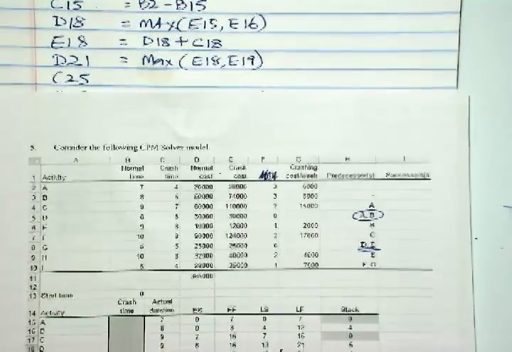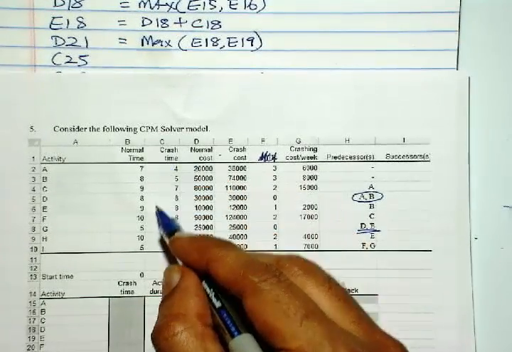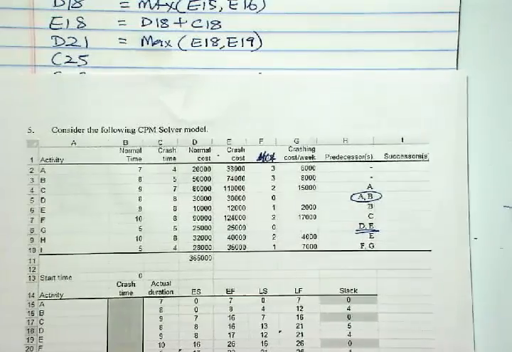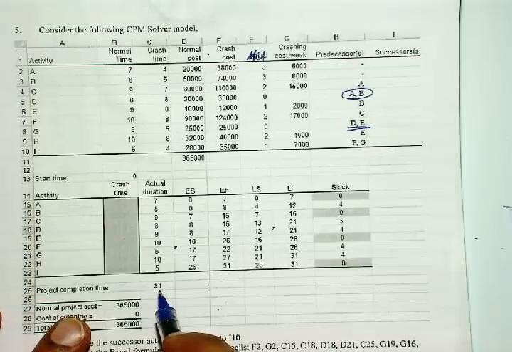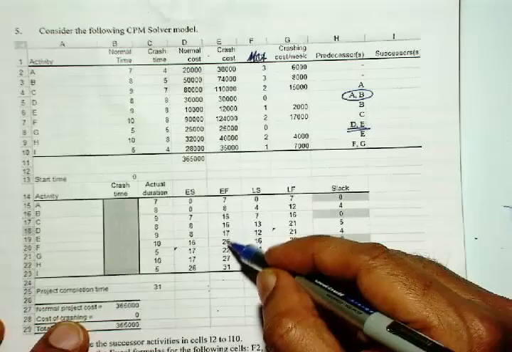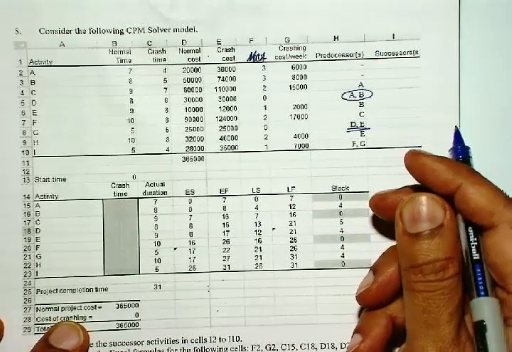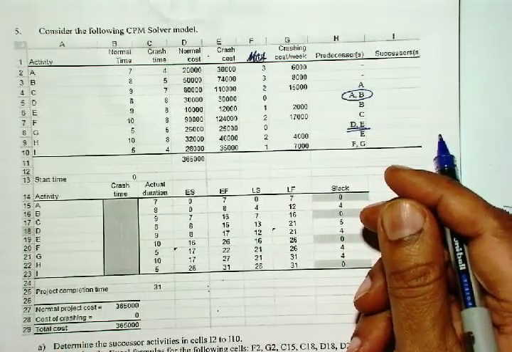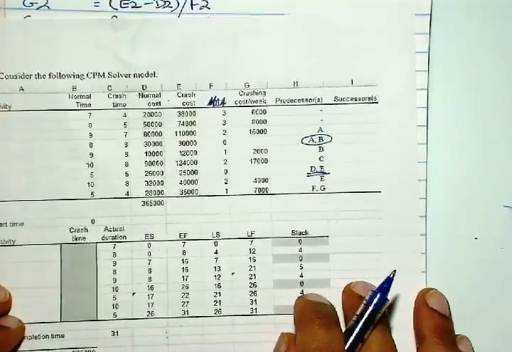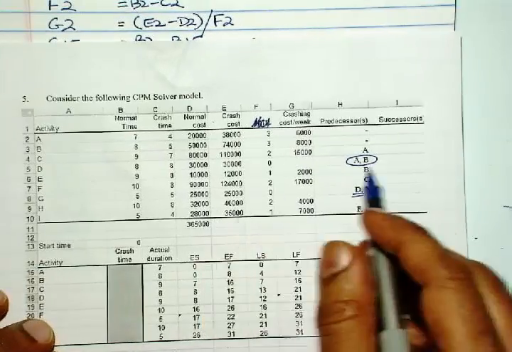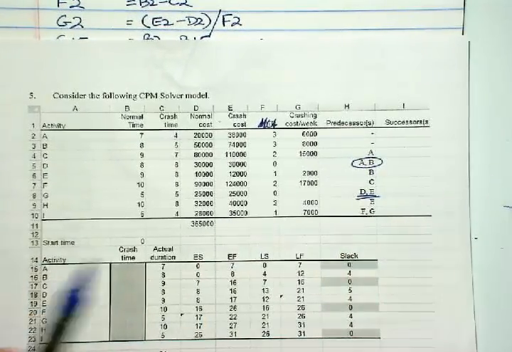Next is C25. C25 is project completion time. So project completion time is the maximum of the finish time of the last activities, and for that we need the successors. So let's now look at what the successors are for each of the activities.